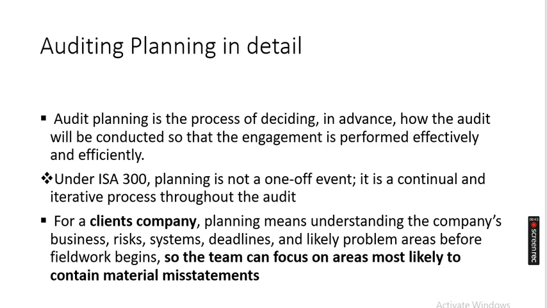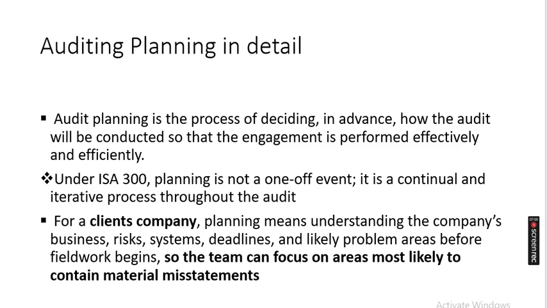So it's very important. In practice, if you are auditing a client, what you need to do as an audit senior is understand the company's business. What business are they doing? You need to understand the risks associated with that business. You need to understand its systems, maybe the accounting systems that they're using.